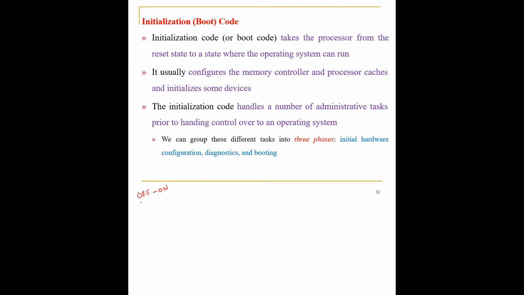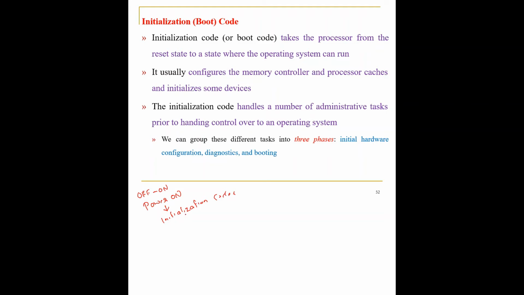So initially, as soon as you power on, let's say that you are turning on the power, it is the initialization code that takes the processor from the reset state to the state where the operating system can run.